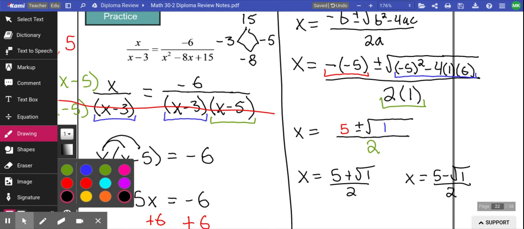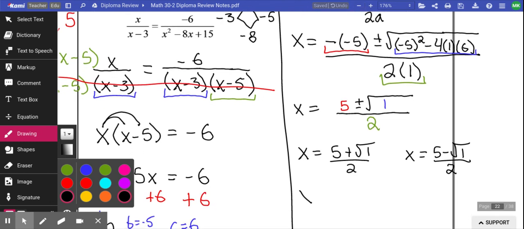So if it was a negative under the root sign, at that point, you could cross it out and say no solution. But if you had that, then you need to do both, even if one of them doesn't work. So if we put these in our calculators, the first one, 5 plus root 1 divided by 2 equals 3. The second one, 5 minus 1 divided by 2 is 2.